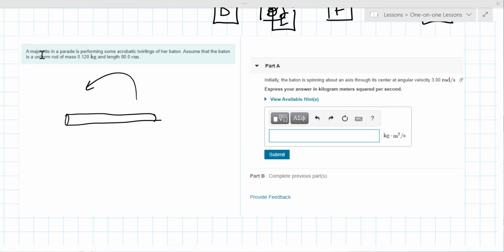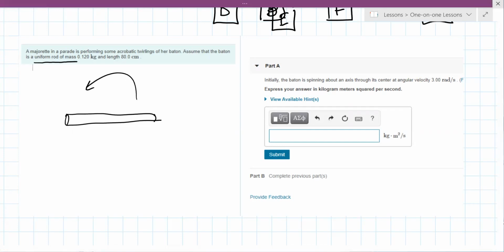It's asking for the angular momentum, so we have to find that value. The angular momentum depends on the geometry, and that's why it tells you it's a uniform rod of mass. That way you can get that equation for it.